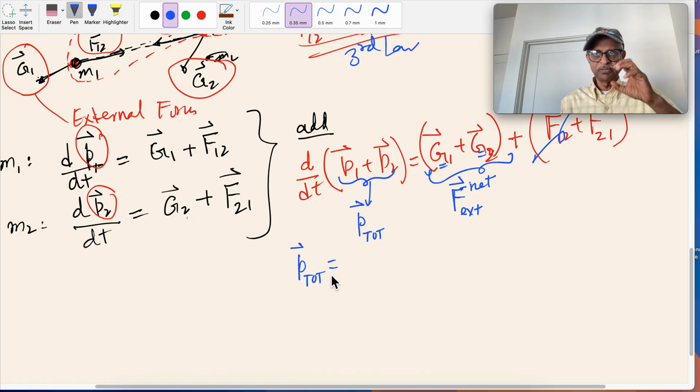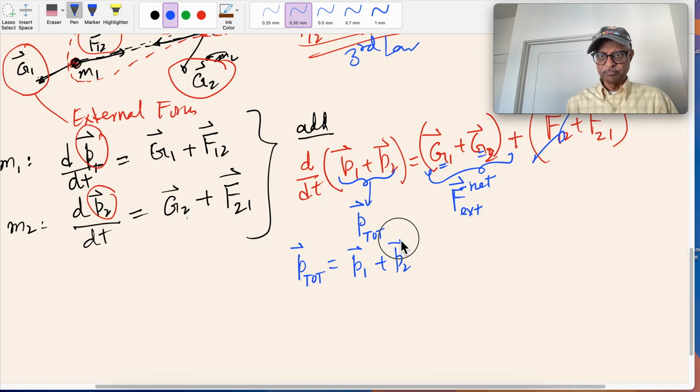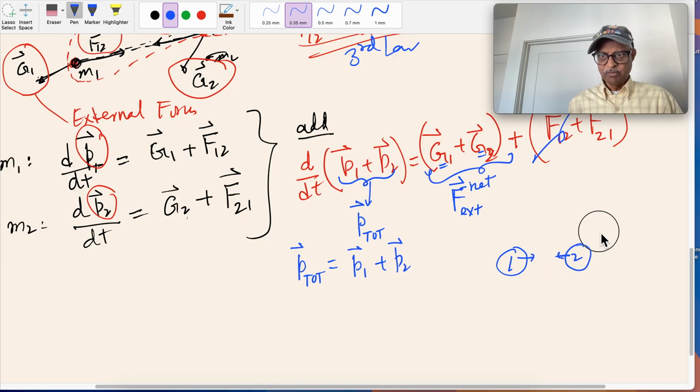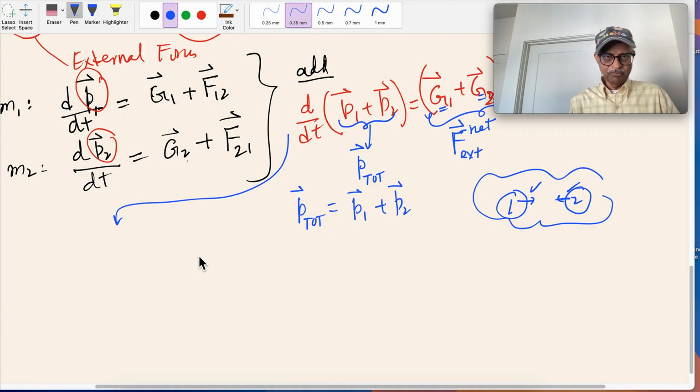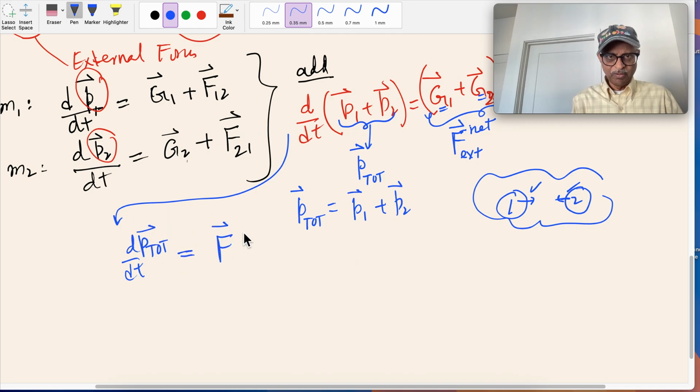Everything you have in your system, you can add up and get the total. Like if I have two objects, 1 and 2, and they might collide, the total is just the sum of both momenta. So the law is: dp total/dt equals F net external.